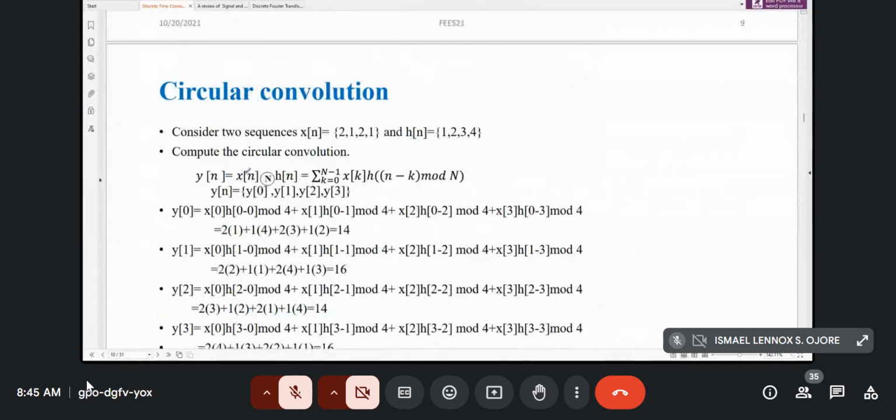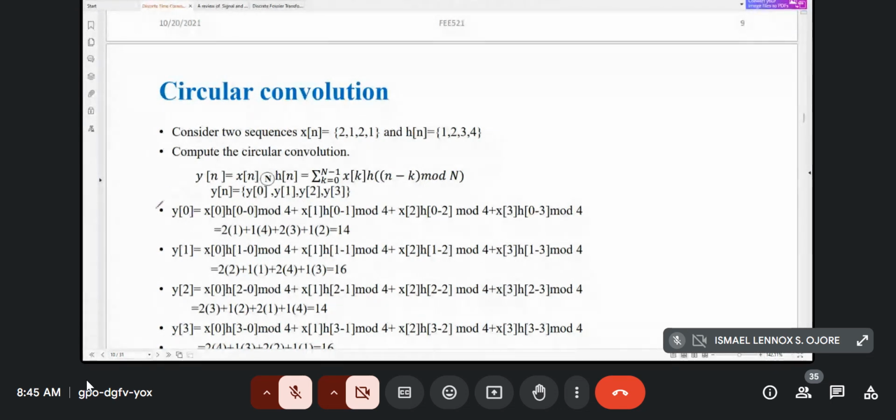Yeah. So y of n is x of n circular convolved with h of n, which we have expanded to this. So y of n has y of 0, because we have 4 samples. Yeah. You are doing mod N, so it will never have more than 4 samples. So it's y of 0, y of 1, y of 2, y of 3.